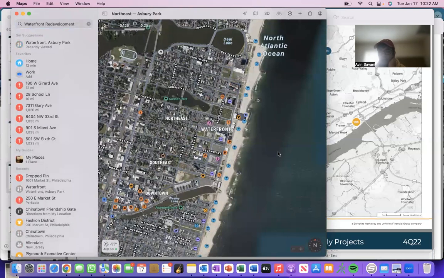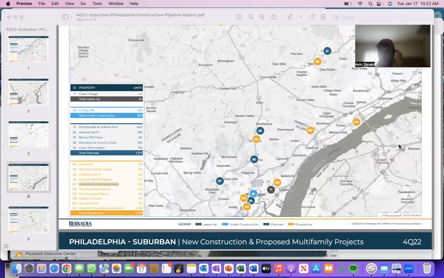So they probably have met with their site engineers, they've done some survey report, and they're presenting it to the township saying, hey, this might be a nice multifamily development that could impact the community and bring some revitalization to that area. So that would be prospective.